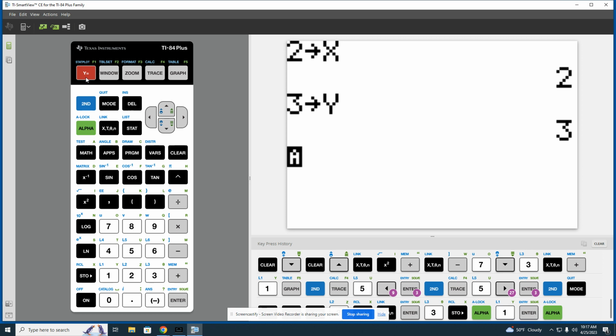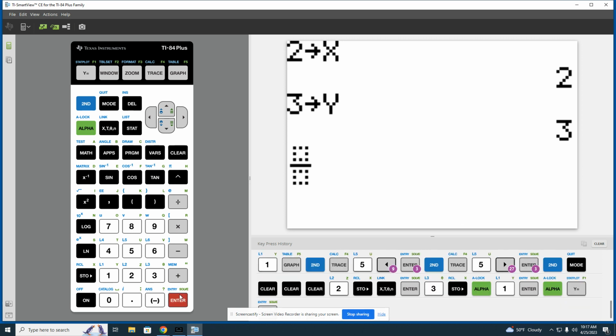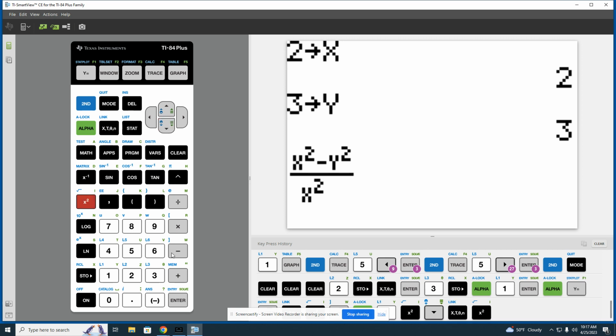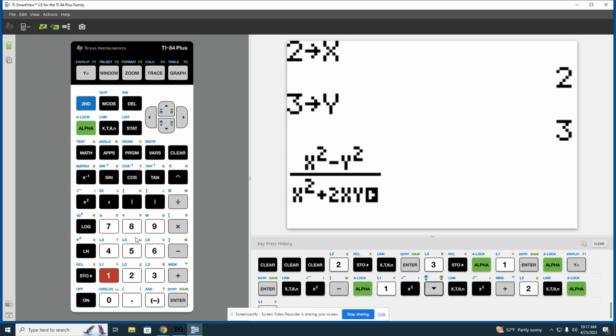Let's type in the first original problem and get what we call a goal value. x squared minus y squared up top. And in the bottom, x squared plus 2xy plus y squared.